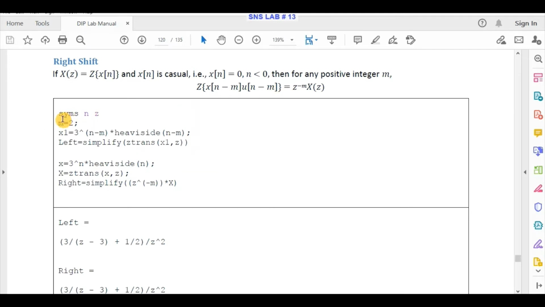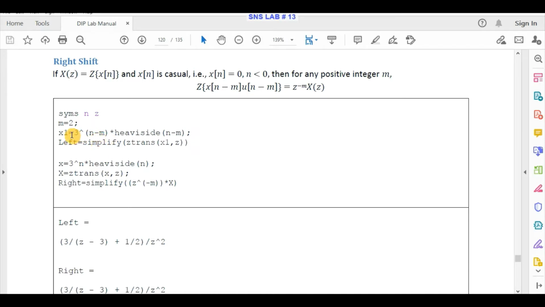So here you can see, first of all we will define symbolic variable n and z, and we are assuming value of m is equal to 2 in that case. Then x1 is equal to 3 power n minus m.